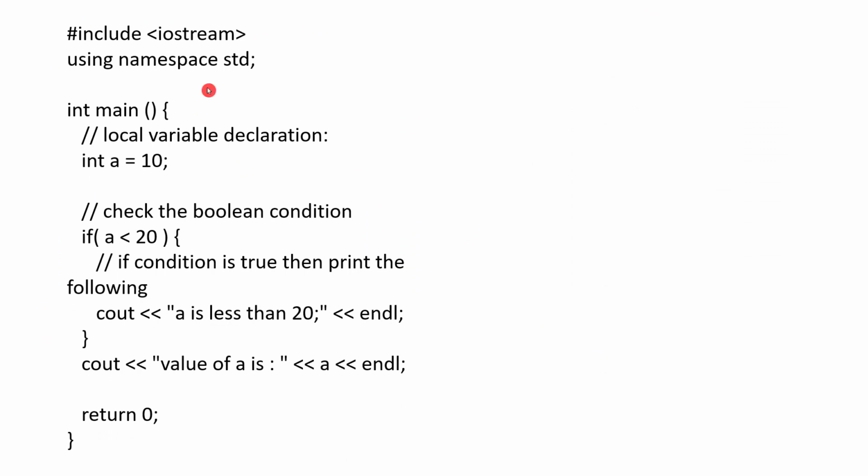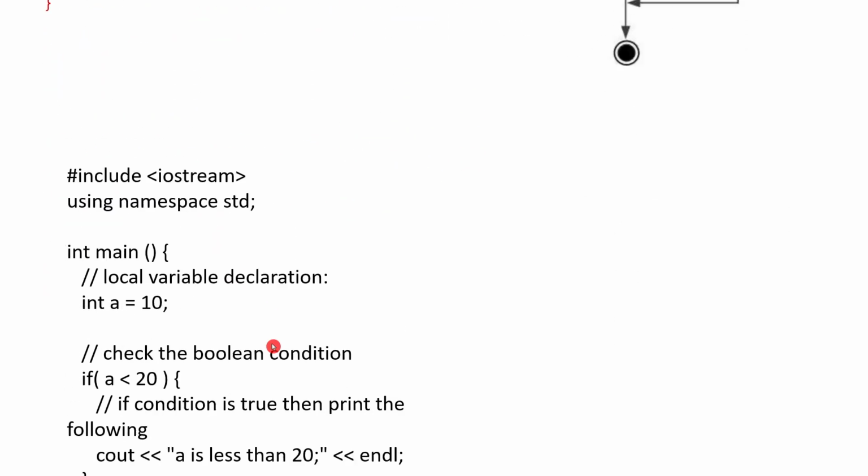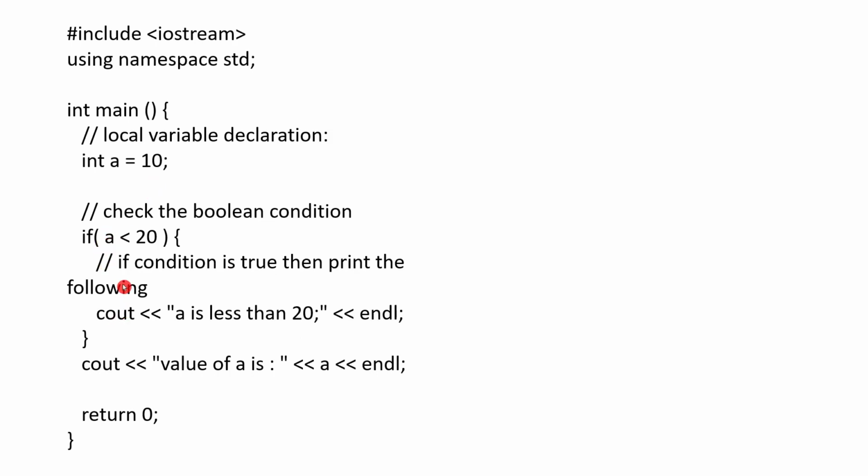problem. Let's see a program to demonstrate that. This is the full program. Hash include, then space, arrow brackets, iostream. There is no semicolon there, I'm telling you repeatedly. Using space namespace space std ends with a semicolon. Then this space is not a problem.